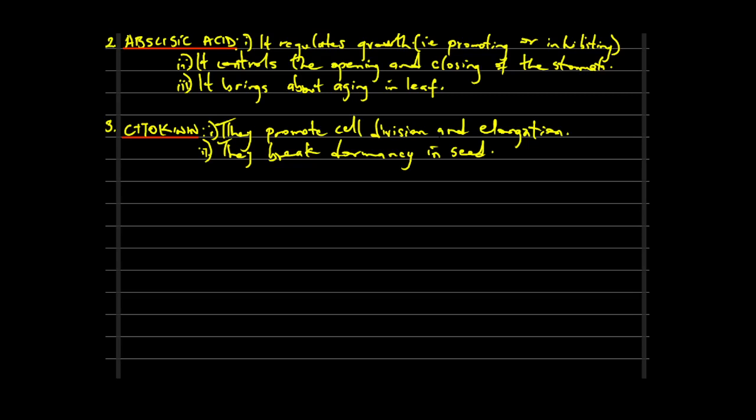When there is a seed and the seed is unable to germinate, we say that the seed is experiencing dormancy. So cytokinins help to inhibit this seed dormancy. That means it is going to promote growth. Whenever there is seed dormancy, it breaks that dormancy. It makes it possible for that seed to germinate. That is the function of cytokinin.